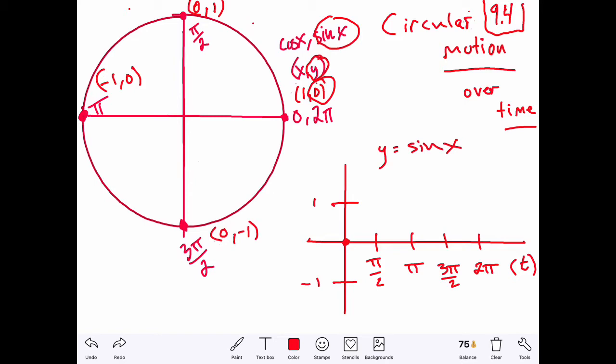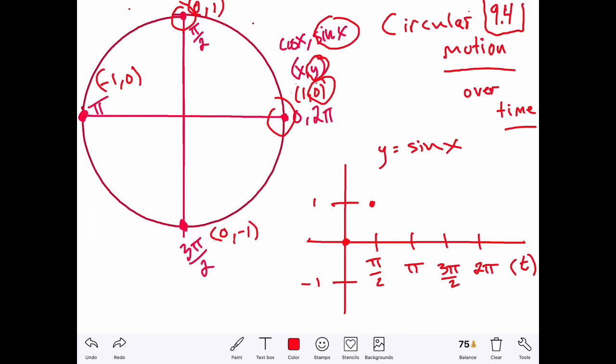Now let's go from this location to this location as positive movement would go. Now what's my sine value? Well, again, sine corresponds to y, and there y is 1.